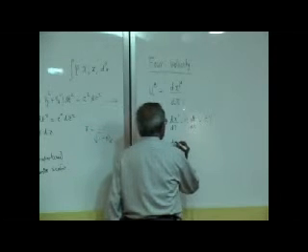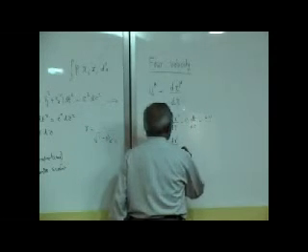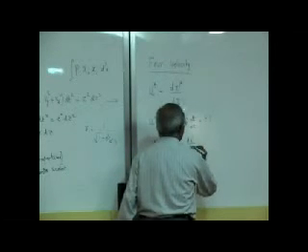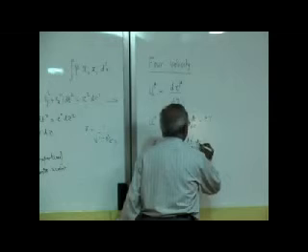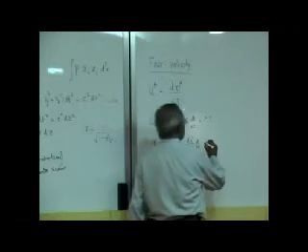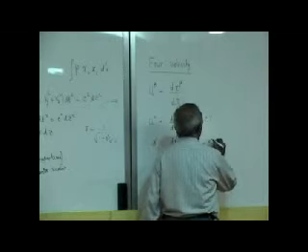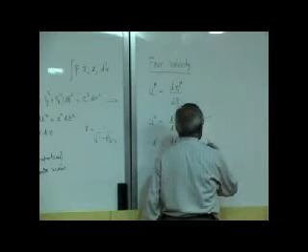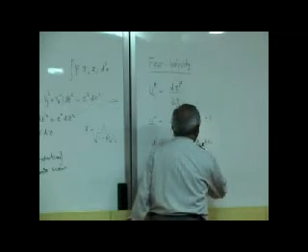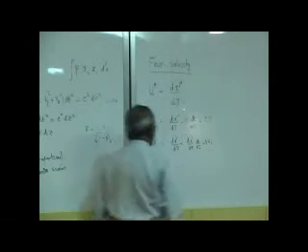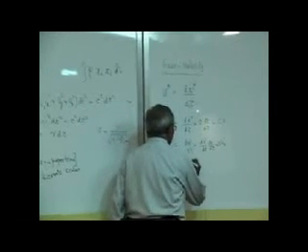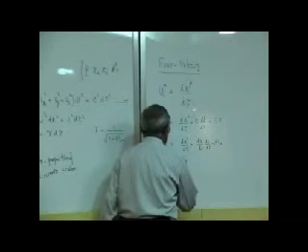U1 is dx1 by d tau, which is dx1 by dt times dt by d tau. And what is this? This is just the velocity component vx, and dt by d tau is gamma. Similarly, U2 is gamma vy and U3 is gamma vz.